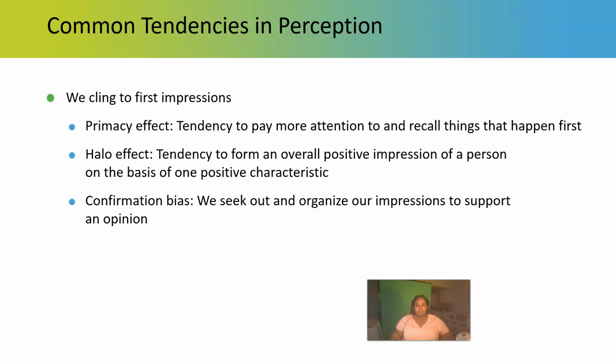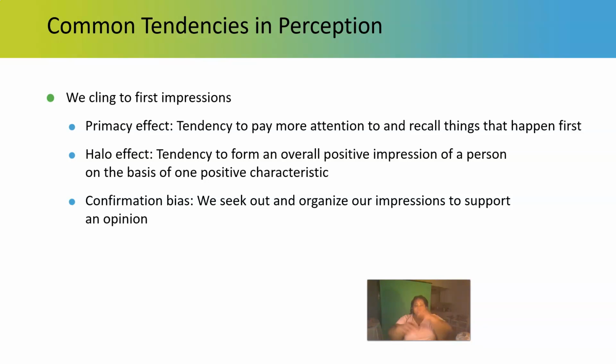That might not necessarily be true, but because we might aspire to be attractive, rich, good dressers, smart, when we encounter a person who has those characteristics that we admire or want to emulate, we tend to attribute all these good things to them until they prove otherwise. So with the halo effect, we have an overall positive impression of a person based on just one good characteristic, and we don't necessarily look at the whole person.